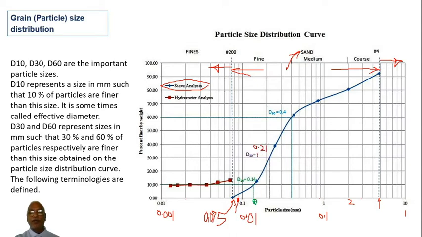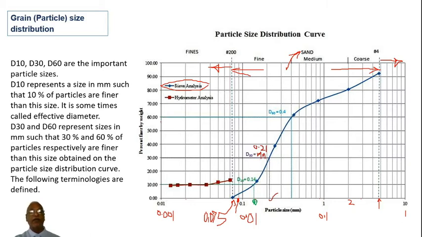So it is in mm. Okay, so D30, how did I do it? I drew a horizontal line at 30%. I searched for the point of intersection on the size distribution curve and went down to find the size. Here there is a size, and that is 0.21 mm.